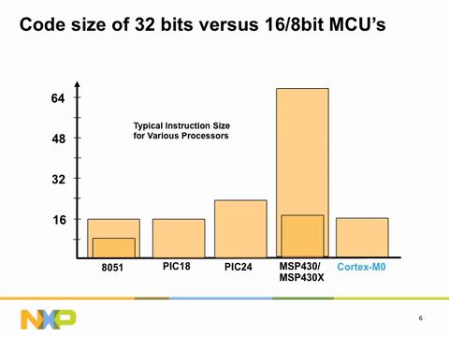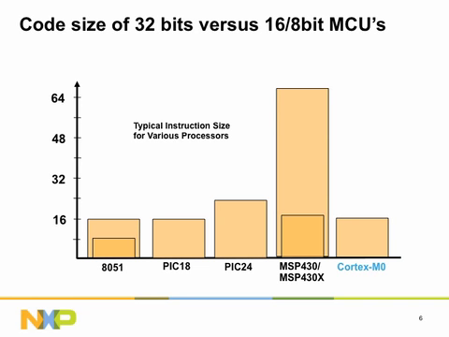For example, some 8051 instructions are 1 byte long, but others are 2 or 3 bytes. For the 8-bit PIC18, instruction sizes are 18-bit. For the 16-bit PIC24, instruction sizes are 24-bit. The instruction length of an MSP430, a 16-bit architecture, can vary from 4 to 8 bytes.